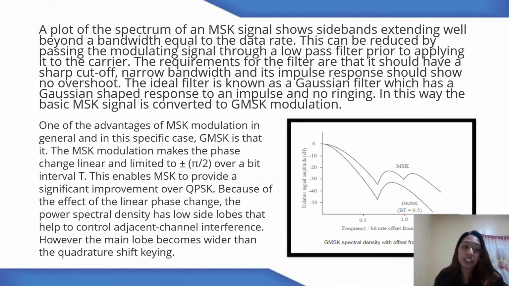The power spectral density has low side lobes that help to control adjacent channel interference. However, the main lobe becomes wider than that of quadrature phase shift keying.